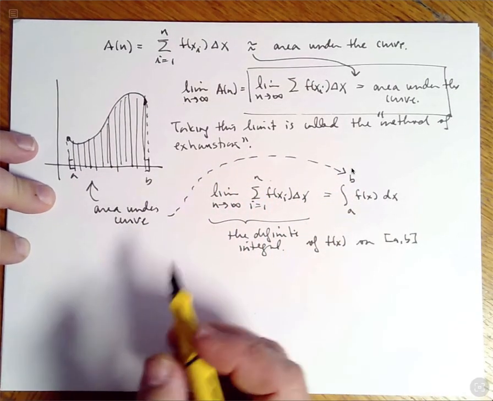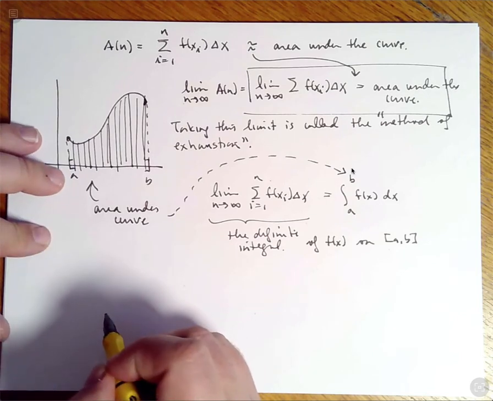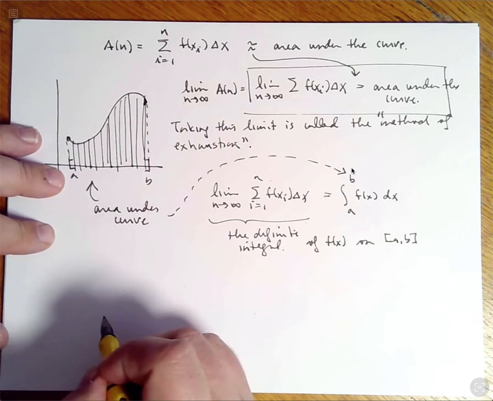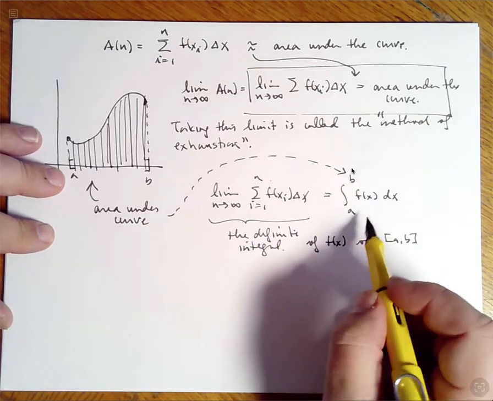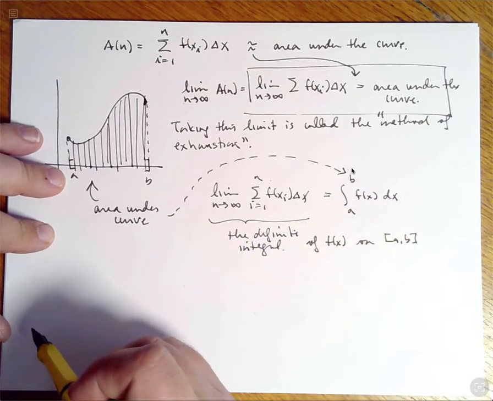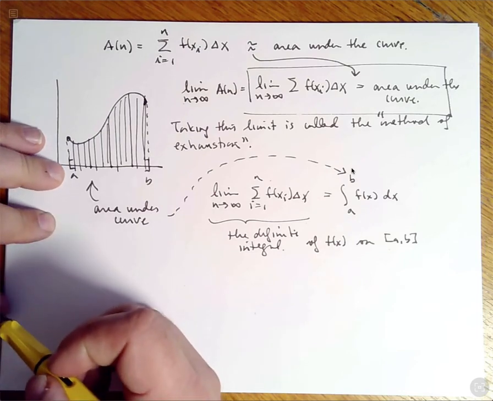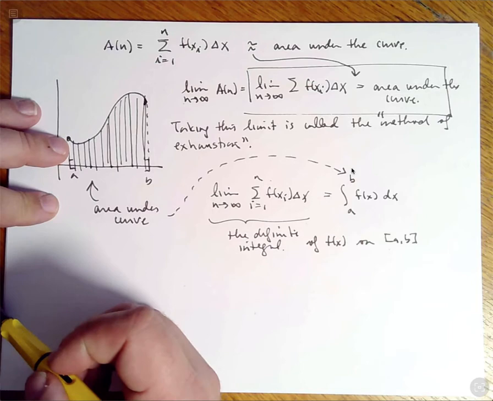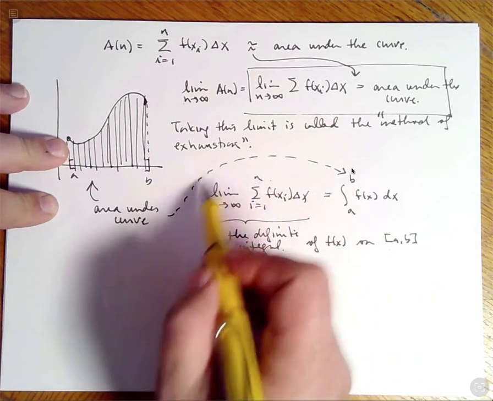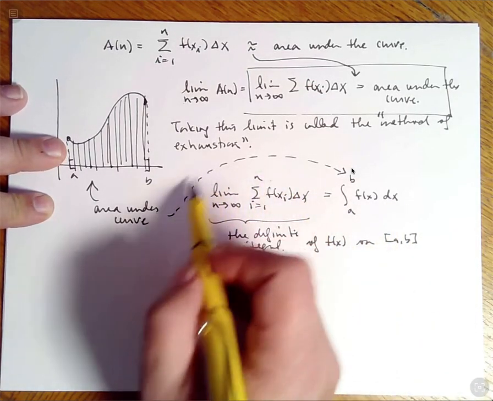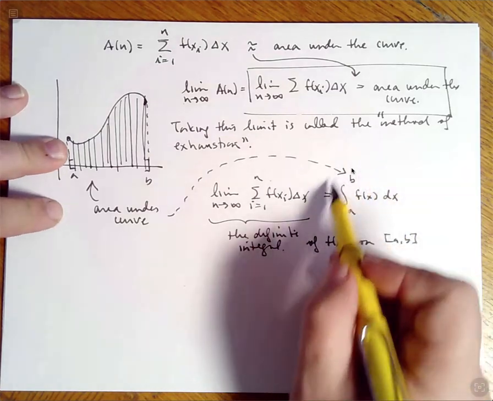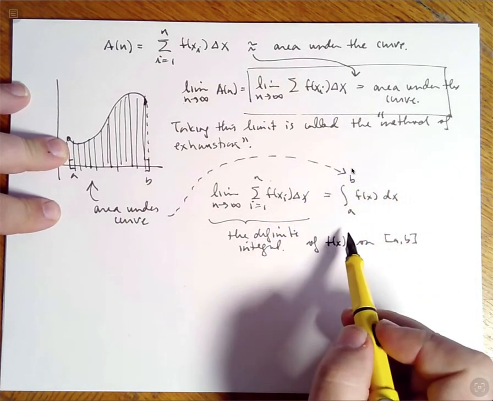If there's one thing I want you to be able to tell me a year from now when I ask you, hey, what do you remember from the calculus? I want you to say, hey, I remember the area under the curve is the definite integral. I don't expect you to remember how to calculate it. I expect you to remember this symbol and what it means.